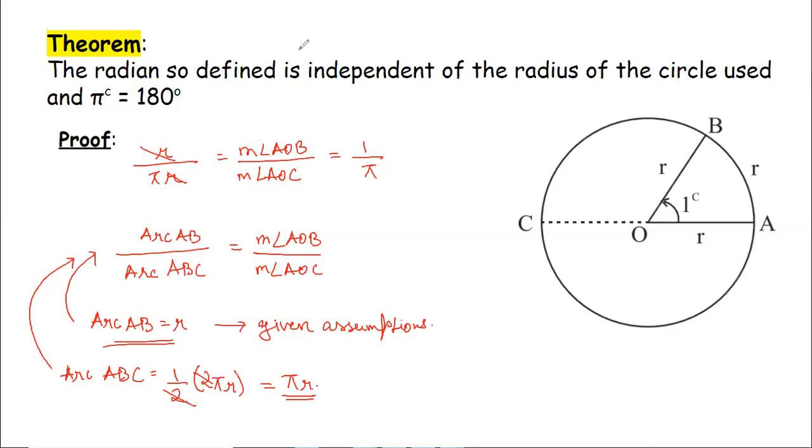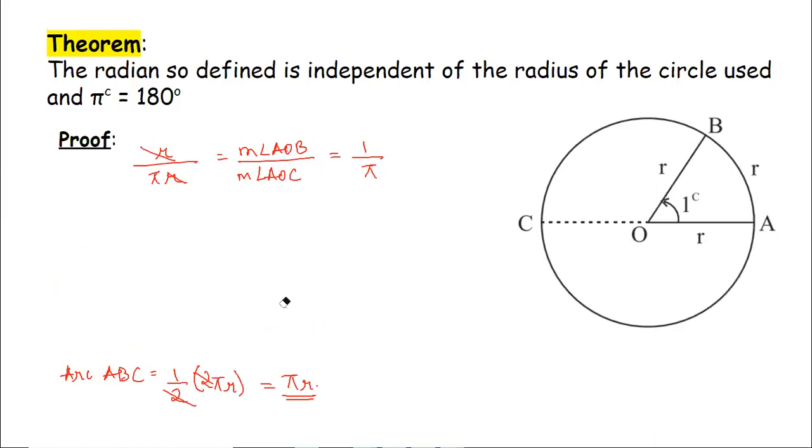I'm erasing the part below now. I hope you have noted it down. The moment I write on the screen, it's expected that you note it down in your notebooks. The next step: measure angle AOB is equal to 1 by pi times measure angle AOC.